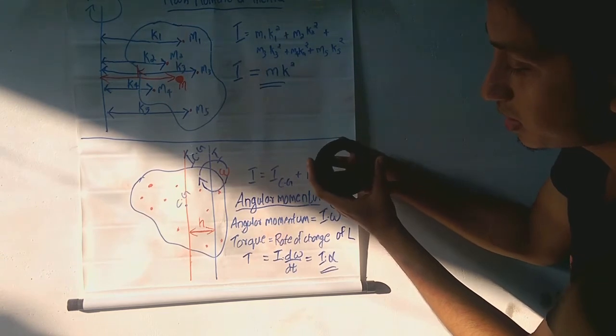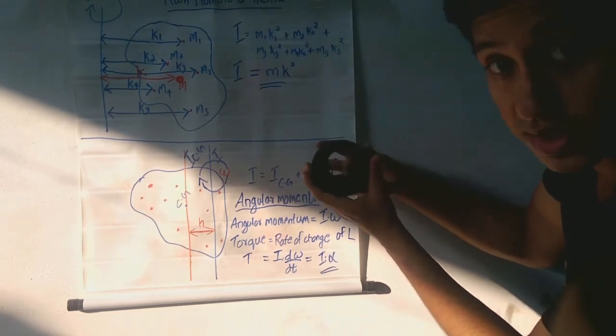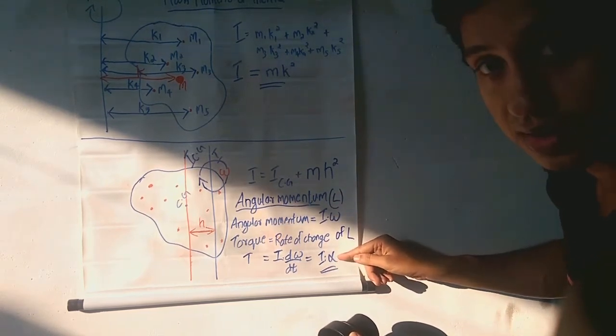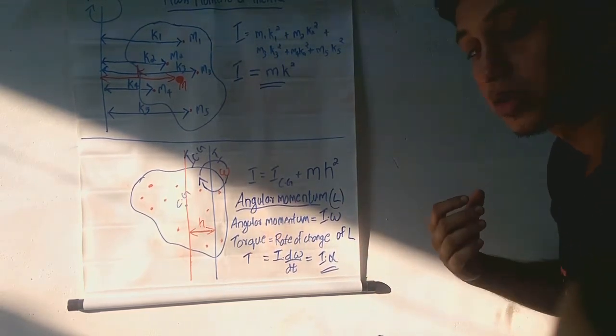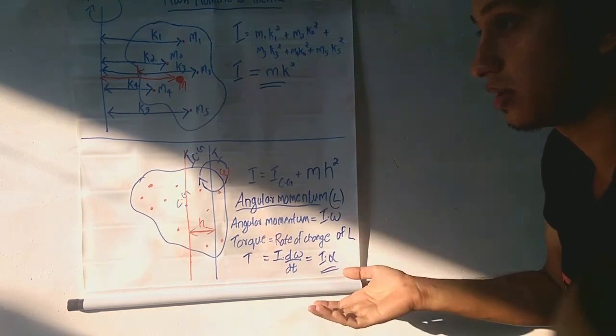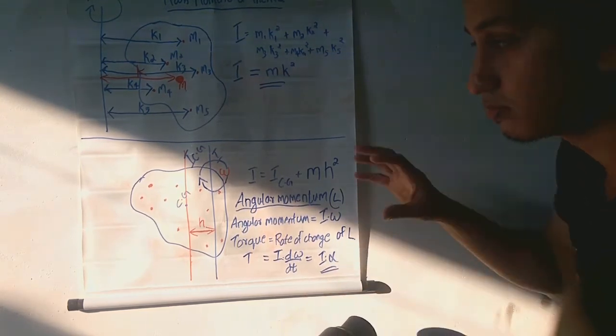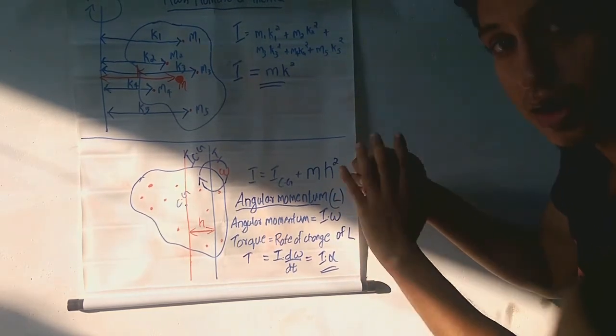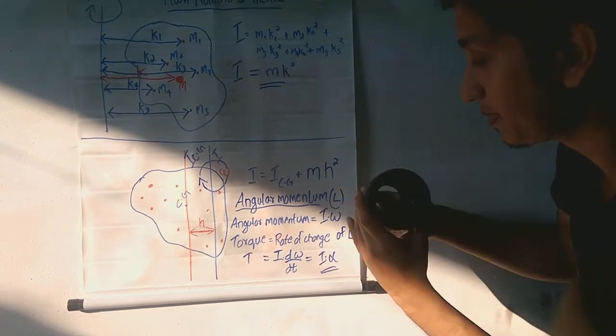So it's being rotated at this speed. Now I need to rotate it faster. So I need to apply an angular acceleration alpha. But the torque which I can apply is limited. Say my vehicle's engine provides this much amount of torque. So the larger this I, the larger is the rotating body.